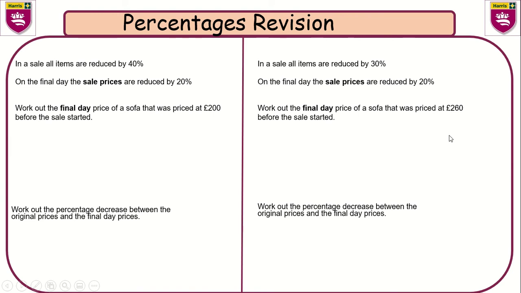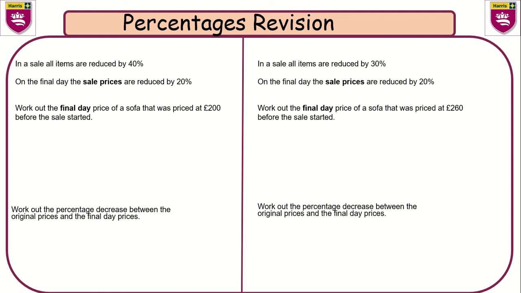In a sale, all items are reduced by 40%. On the final day, the sale prices are reduced by 20%. Work out the final day price of a sofa that was priced at £200 before the sale started.